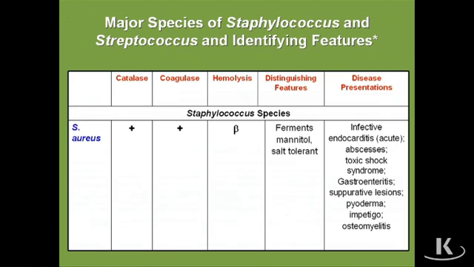And it's also a little bit halophilic, meaning that it doesn't mind a little bit of salt. Okay? So that's how we're going to differentiate it from the other species in that genus. We'll talk specifically about these disease presentations when we talk about the organisms specifically, okay?